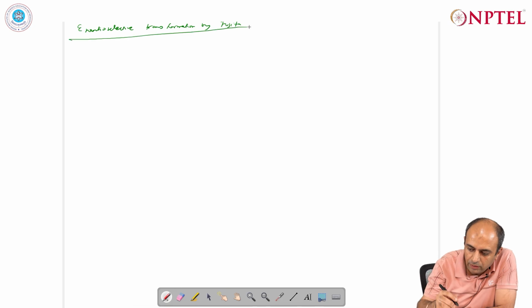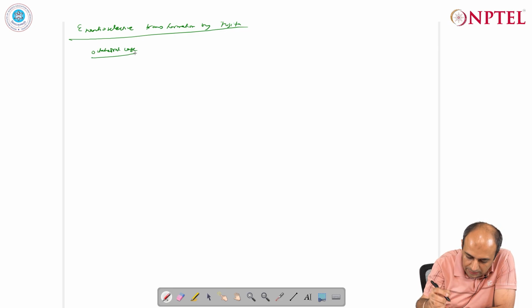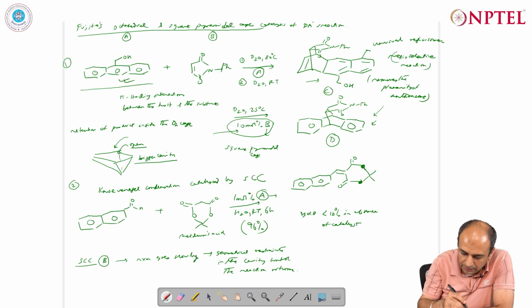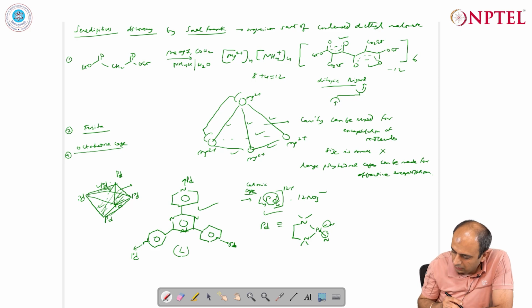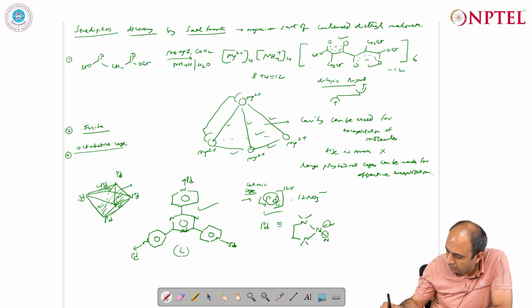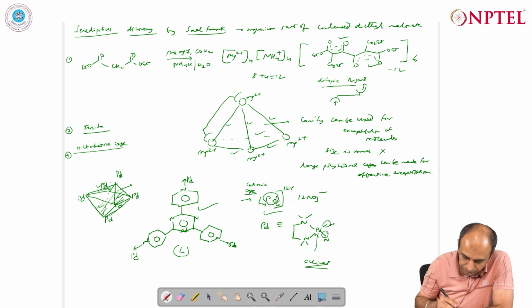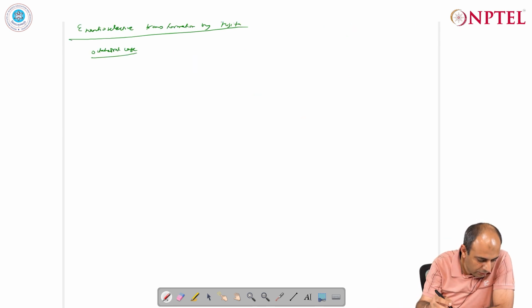Again, this work was done using Fujita's octahedral cage, but the cage has now been modified. Let us look at this cage. In the Fujita's cage, this palladium center was achiral, but now we have created the chirality at the palladium center.